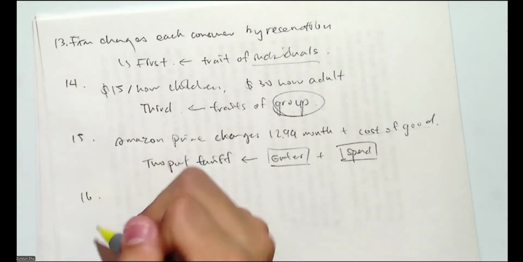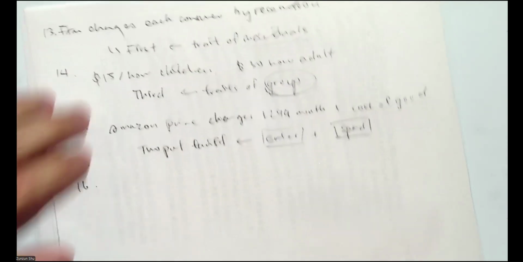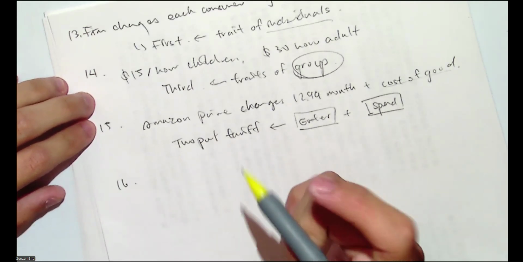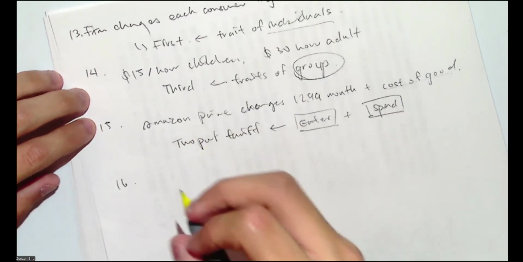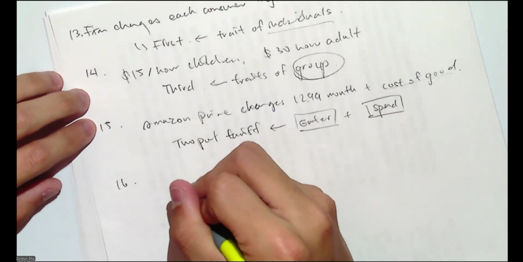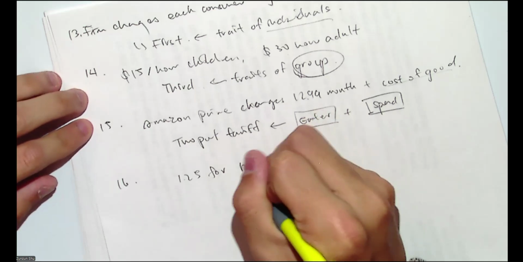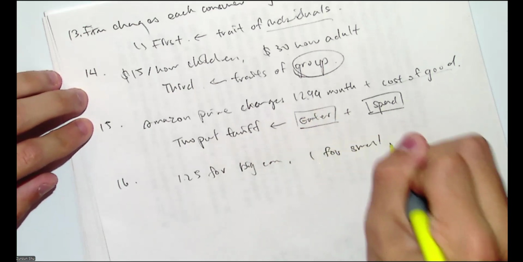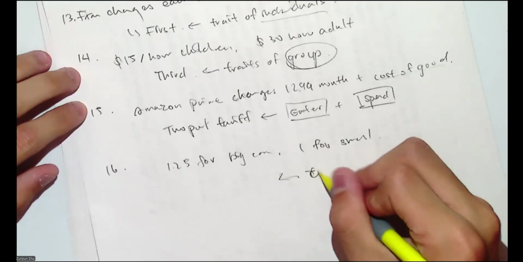So 16. A firm charges only 25 cents more for a large soda than a small soda. Well, this is going to be something about size, right? Or specifically quantity. So let's say $1.25 for the big can, $1 for the small. So this is by the quantity.